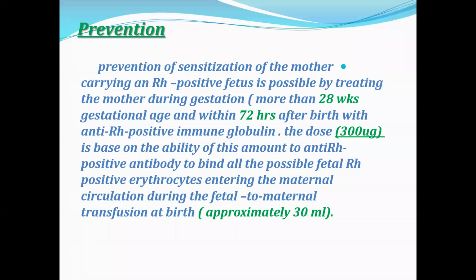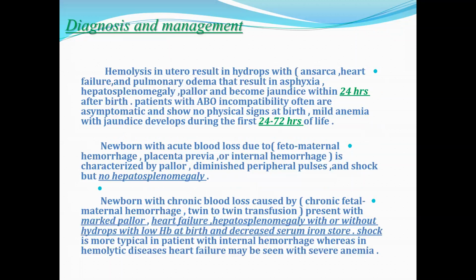Diagnosis and management. Hemolysis in utero results in hydrops and anasarca, heart failure, pulmonary edema that results in asphyxia, hepatosplenomegaly, pallor, and the baby becomes jaundiced within the first day of birth.